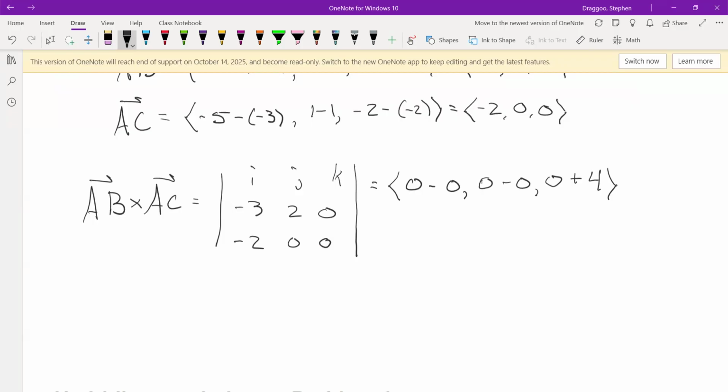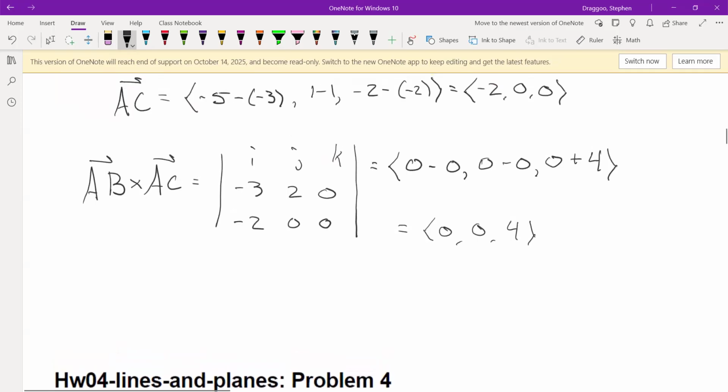So in the end, 0, 0, 4 is what I got from that cross product. Don't hear any whispers out there, so probably I got that math all right.